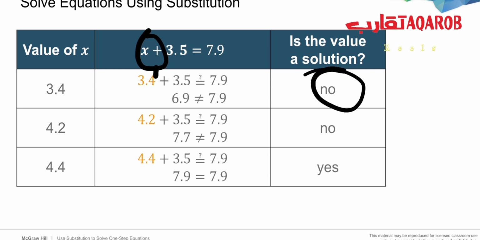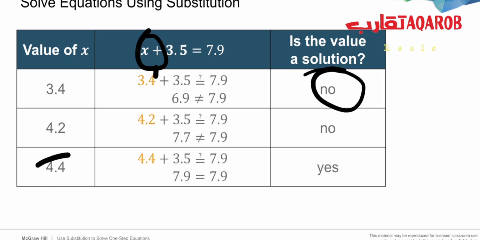If you try 4.2, you add 4.2 plus 3.5, which gives you 7.7, and this is not a solution. Why? Because the right side is not equal to the left side. The two sides are not equal, so the equation is not true, and 4.2 is not a solution.